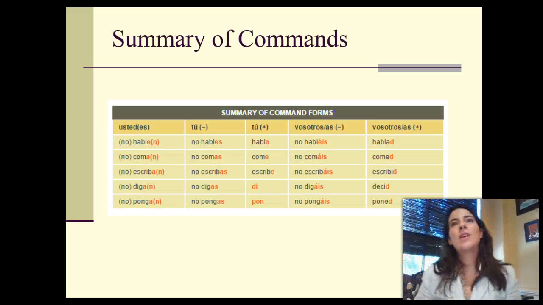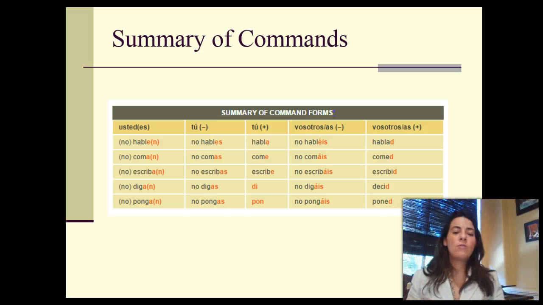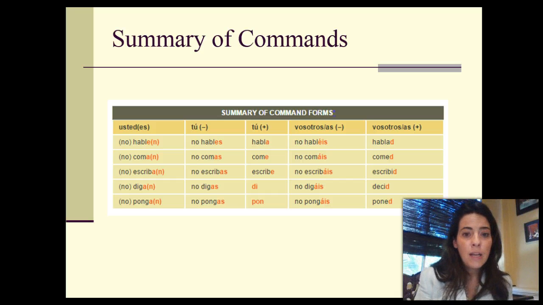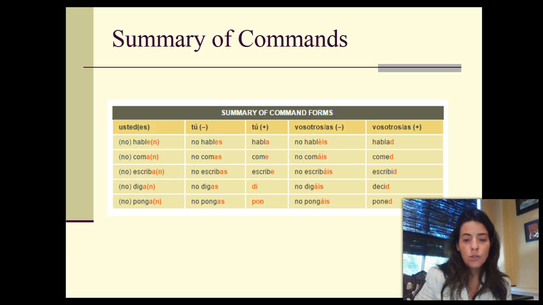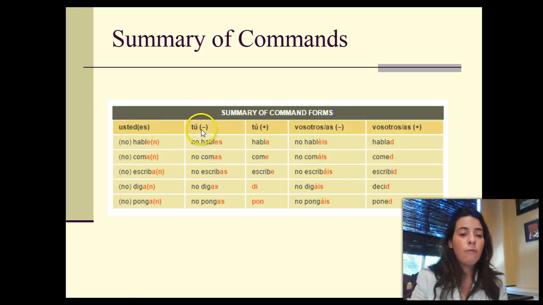So, as I was telling you, it gets confusing when you throw all of these different rules for polite and for informal commands. But I love it that in your book you have a summary of commands. You have it on page 434, and if you take a look, you have the ustedes, the polite form, the informal, tú, and this means negative command and a plural command.